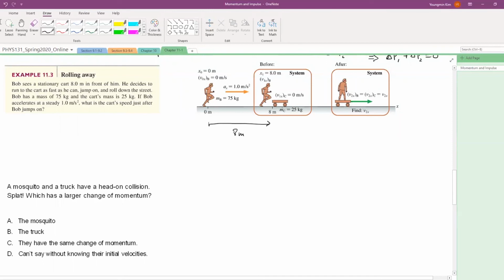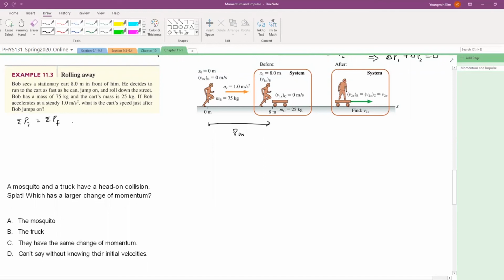And we're given the mass of the skateboard and are asked for the final velocity together as Bob and the skateboard jointly move along. This will be due to his initial momentum, and we're given by the law of conservation of momentum that the sum of initial momentum must equal the sum of the final momentum.